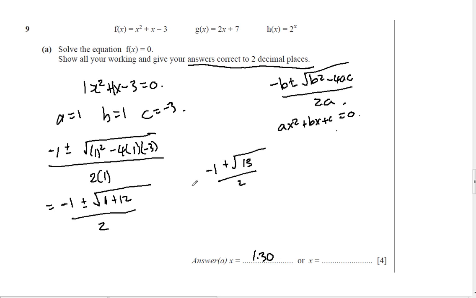And then we're going to do the same thing but with a minus. So negative 1 minus the square root of 13 divided by 2 is negative 2.30. And those are our answers.